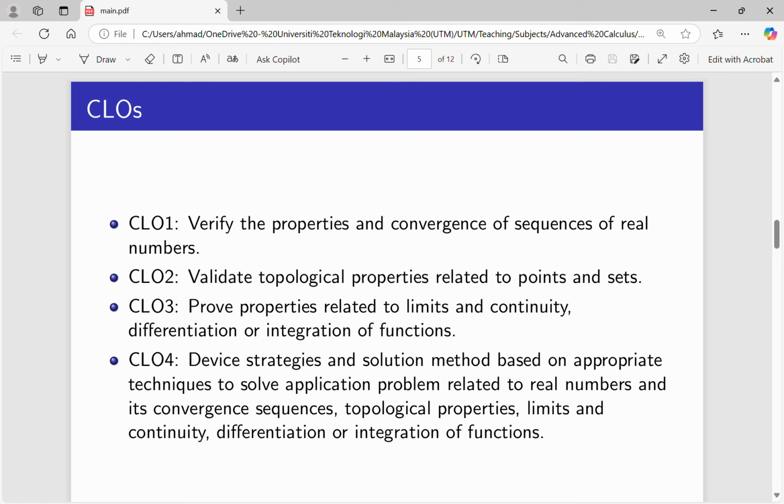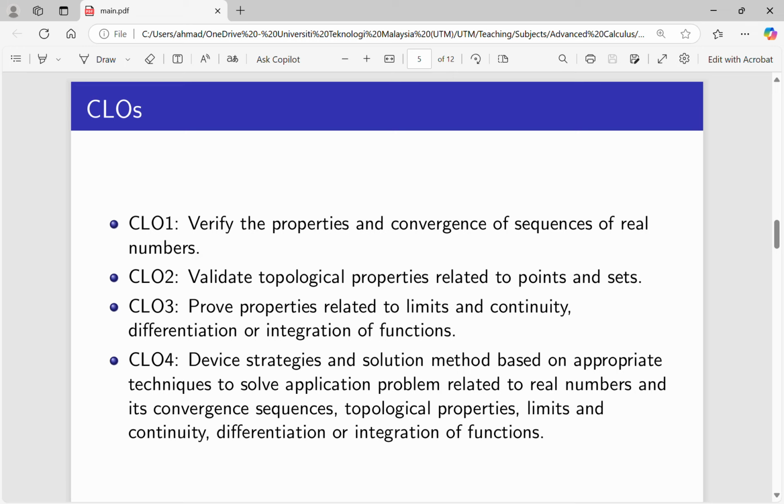Next, CLO2 is about the topological properties. Here we are going to look at different types of definitions, for example the open set, closed set, and so on, properties that relate to the topology on the real numbers.